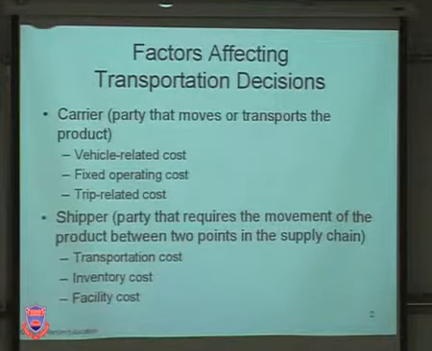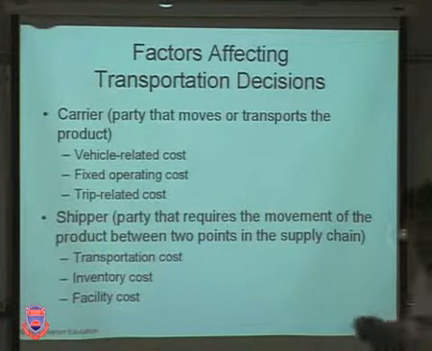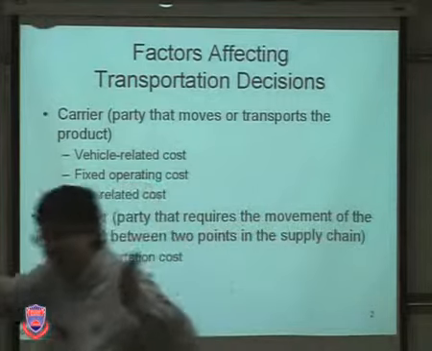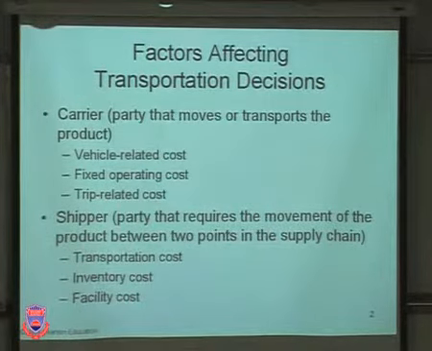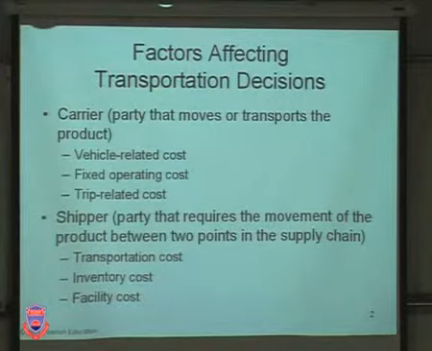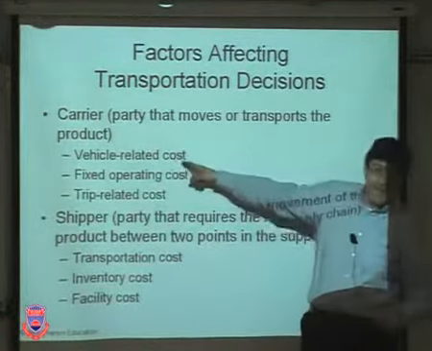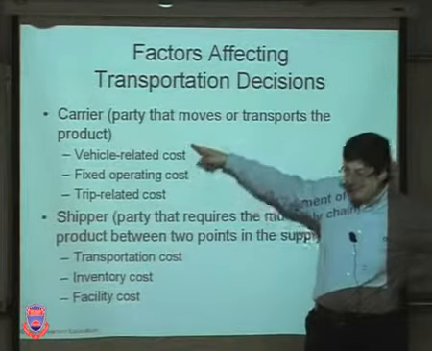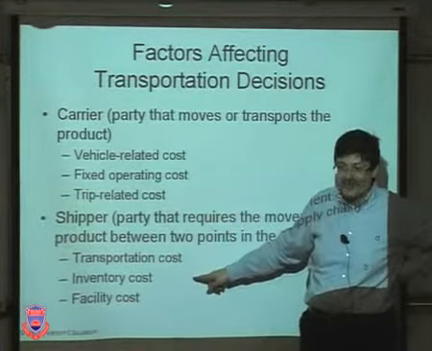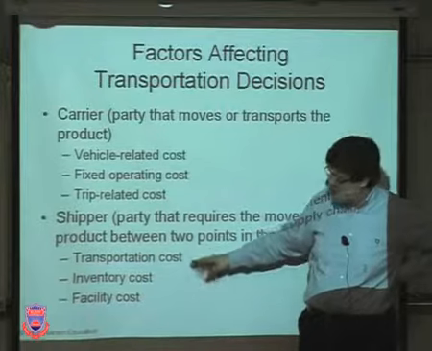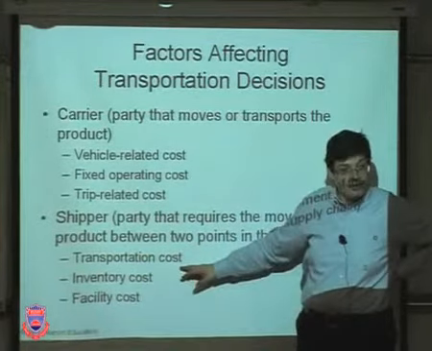So shipper is the party who is responsible for the shipment duration. So this is the party who is going to bear the transportation cost. What is the transportation cost? If the carrier is doing the transportation, it is the price that the carrier is going to charge. So that becomes the cost for the shipper.